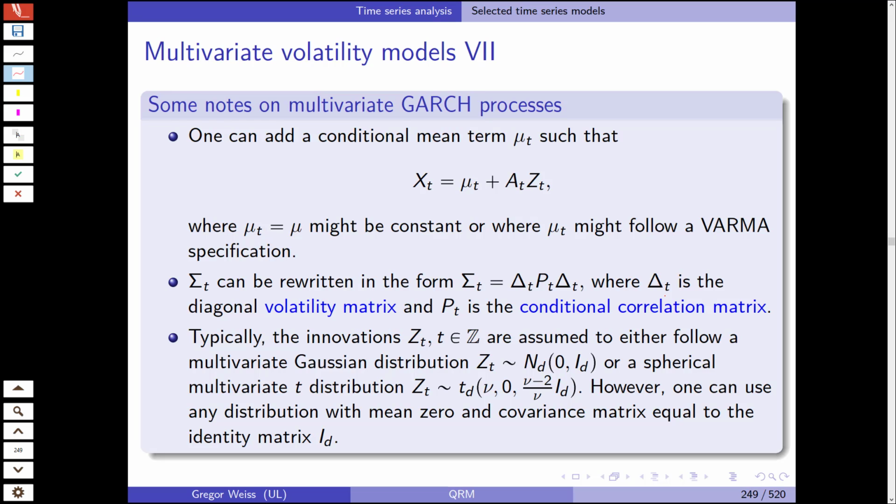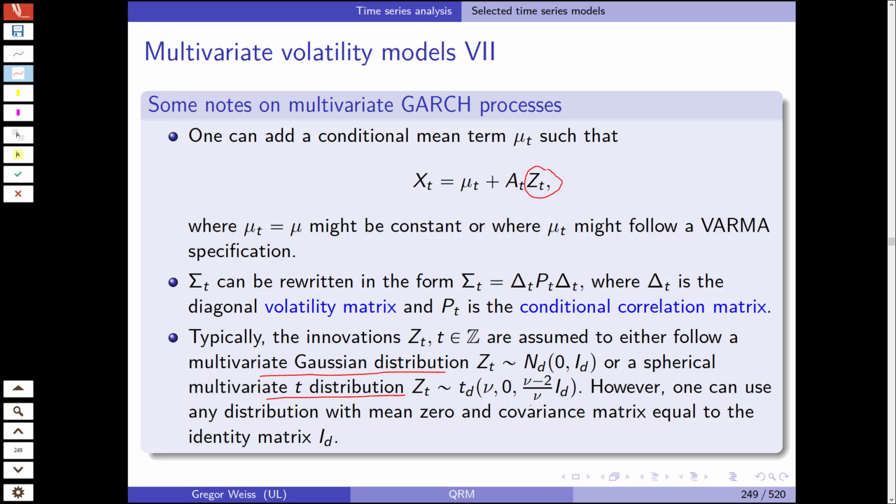Now, I already mentioned that the innovations, the disturbances, the error terms used here in Z_t, are assumed to follow a white noise process. White noise doesn't tell you which distribution they follow, and you can actually choose a multivariate Gaussian distribution or a spherical multivariate t-distribution.